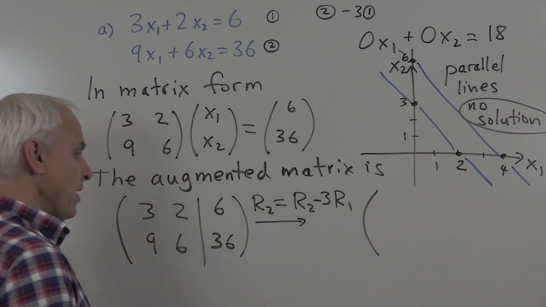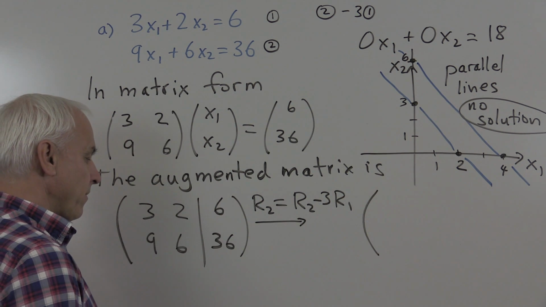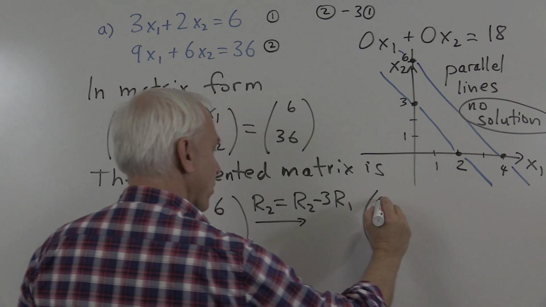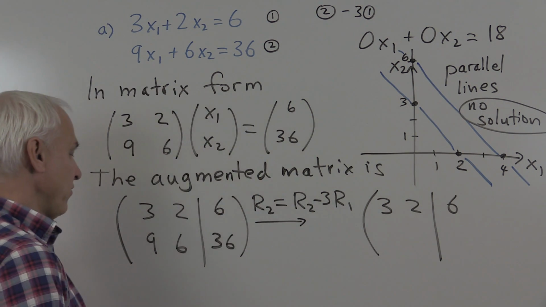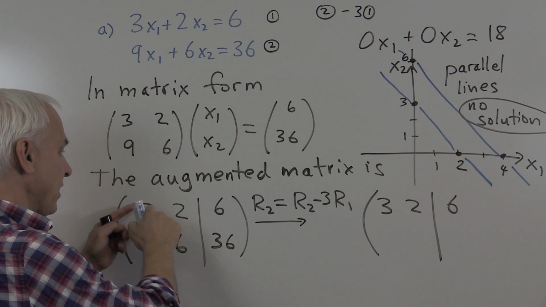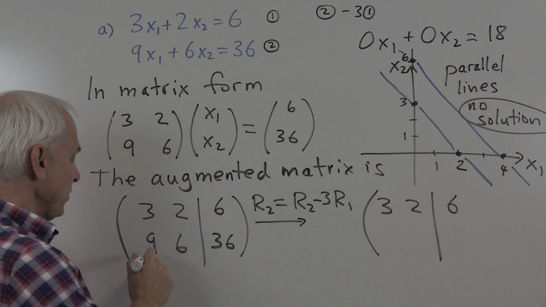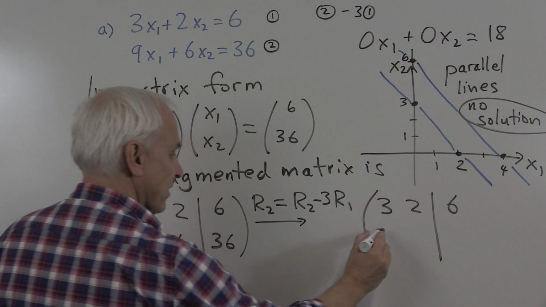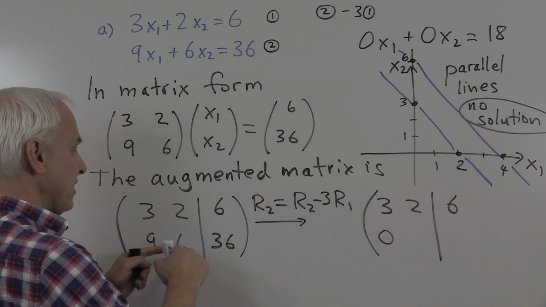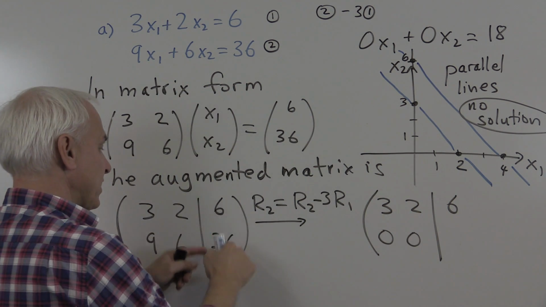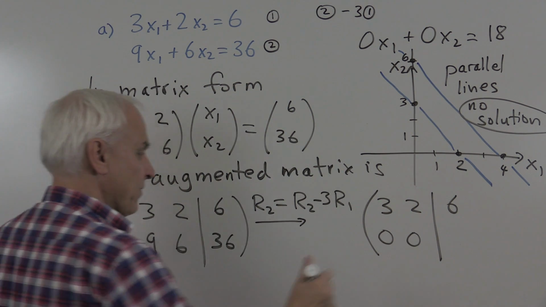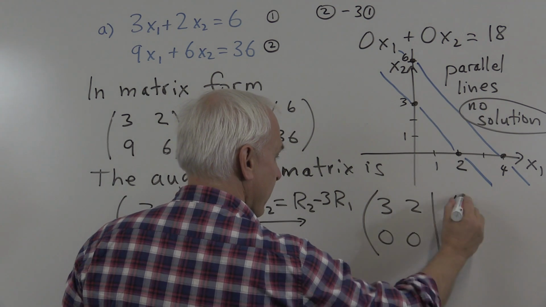All right. So the first row is going to stay where it is. And the second row, this minus 3 times the first row. So 9 minus 3 times 3 is 0. And 6 minus 3 times 2 is 0. And 36 minus 3 times 6 is 18.